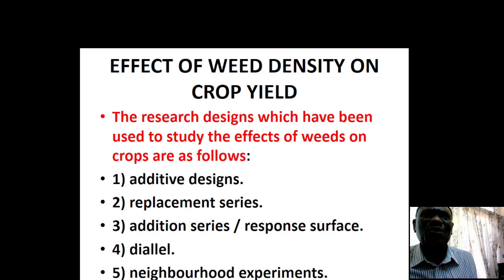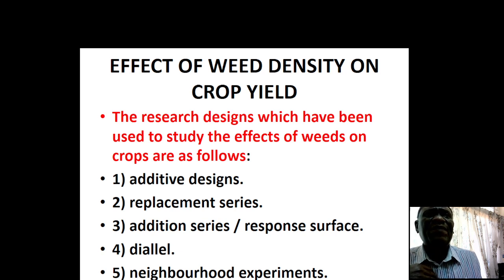So if we see weeds in a field, it doesn't mean that we should remove them. Maybe they are not harming the crop. They could be below this weed control threshold, the density of weeds per square meter which can interfere with crop yields.